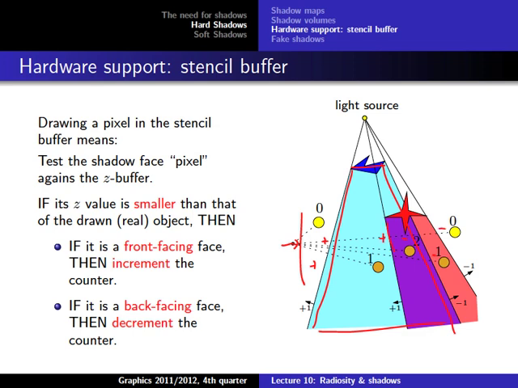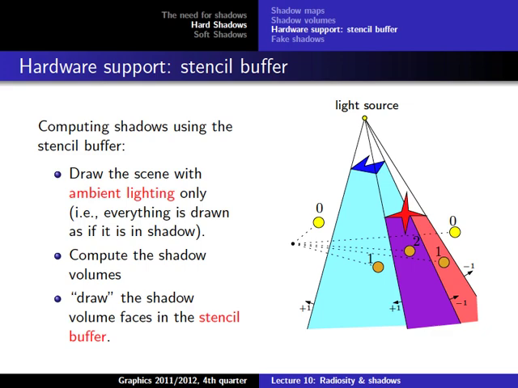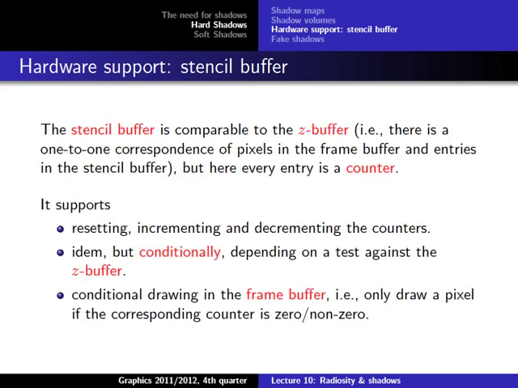But if we draw, for example, this one, for the first volume, we increase it here, but we do not decrease it here because we know that the depth value of the object is lower than the depth value of this volume. And this is why we do not decrease it here, and this is why we then end up having the correct counter in here. And this is then why we need this conditional testing against the depth buffer.